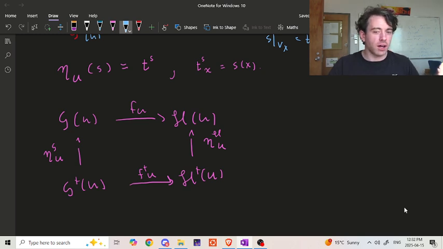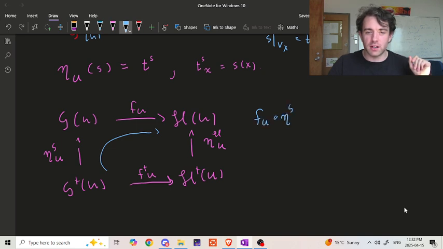So let's go around. Which way do I want to go around first? I think I want to go around this way. So we're going to take FU composed with eta G U, and we're going to apply that to the function S. And we're going to evaluate its germ at some arbitrary x.